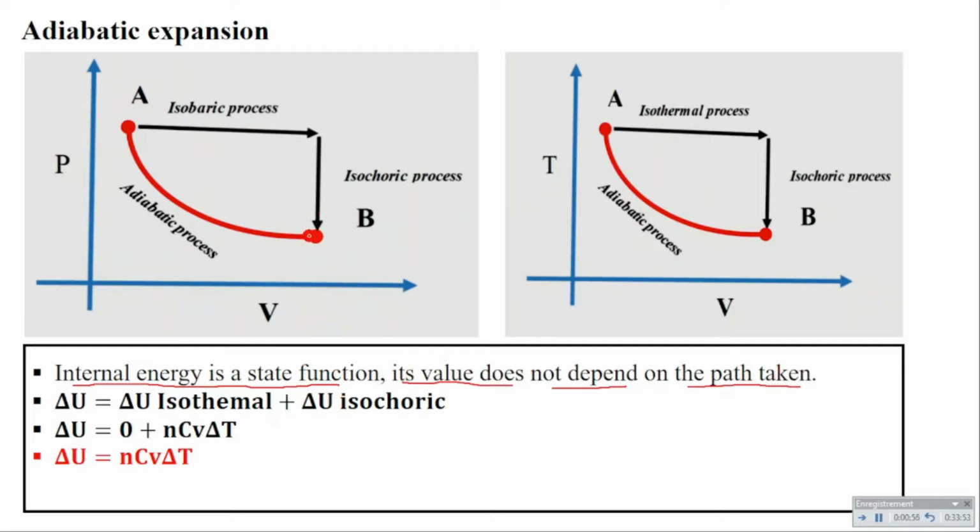So the internal energy here does not depend on the path taken from A to B. You can use this path or that one. Whether you pass here or here, you get the same internal energy in B. So we can get the internal energy in B by using this way.